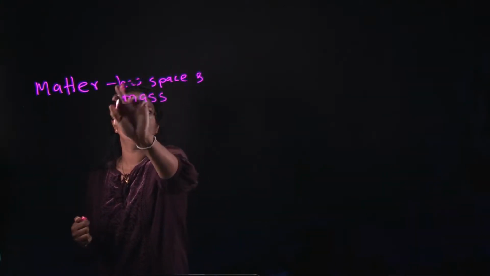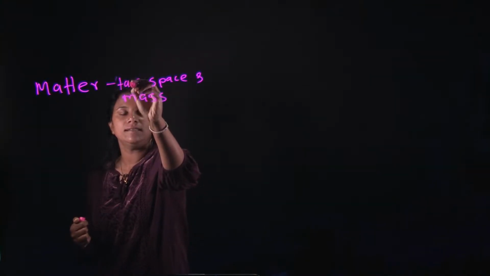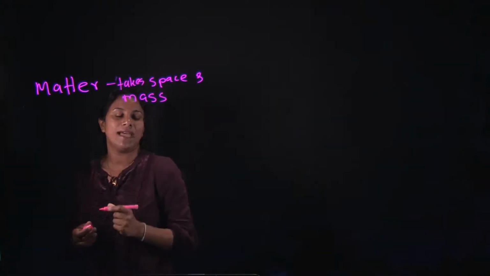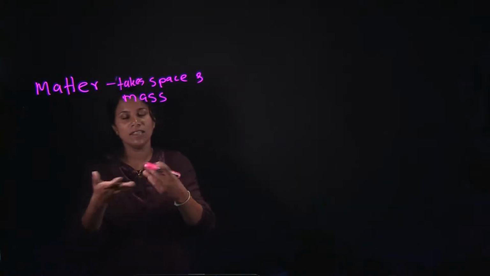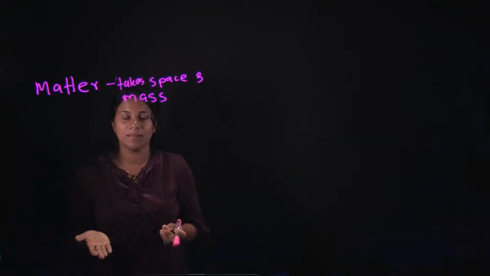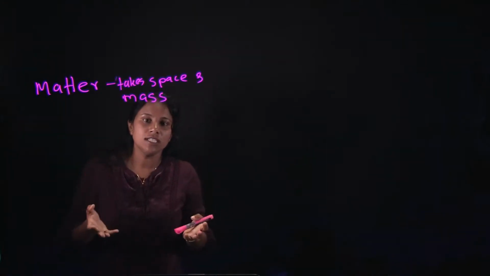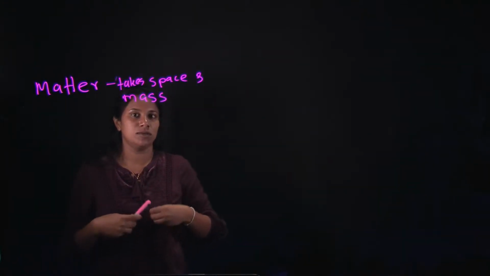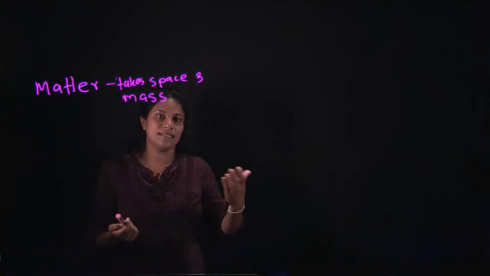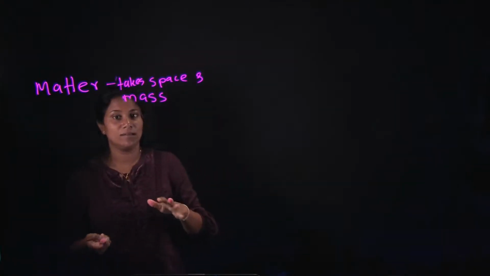So basically it takes up space and has a mass. Everything you see around us is matter. If you think about oxygen, it's matter. If you think about your book, that's also matter because it takes up space and has a mass.